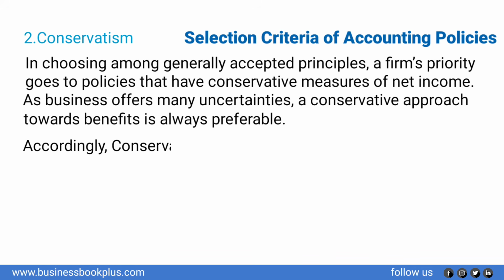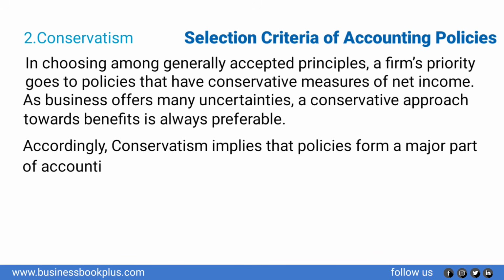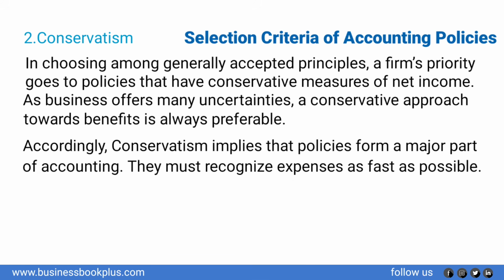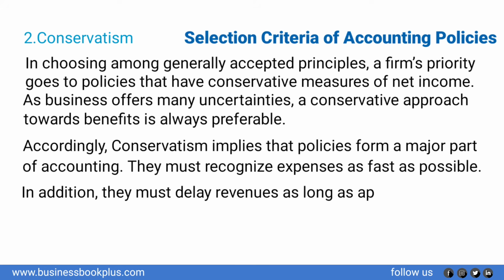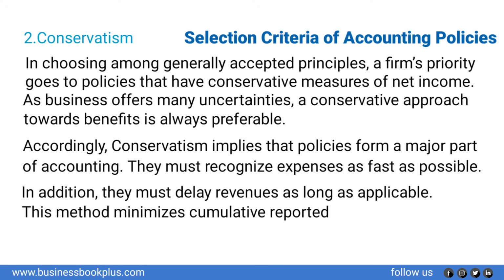Accordingly, conservatism implies that policies form a major part of accounting. They must recognize expenses as fast as possible. In addition, they must delay revenues as long as applicable. This method minimizes cumulative reported earnings.